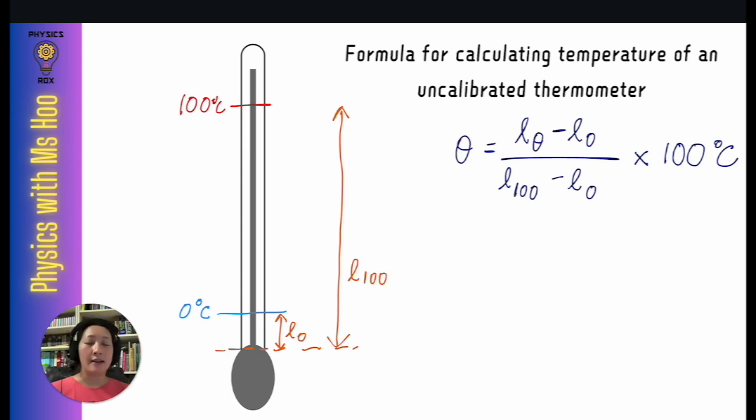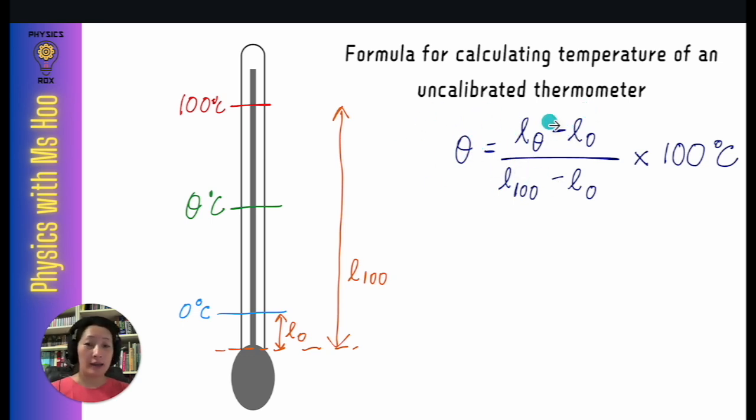So theta is the unknown temperature. That means, say for example, we took this thermometer and we place it into a substance or a liquid where we don't know the temperature. We want to find it out. So obviously the mercury column is going to extend to that particular temperature position. So let's say the mercury column extends up to this point. So say this is the unknown temperature, which I will label as theta degrees Celsius, and that's the temperature that we are looking for.